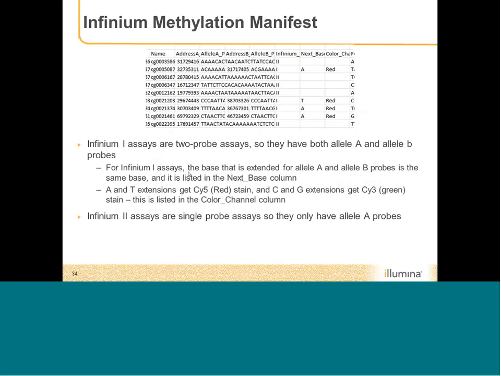For an Infinium 1 assay, the base that gets extended is the base that is after the CpG, so actually the same base gets added to both probes, and we list that same base in the next base column. A's and T's get extended and labeled with red dye, and C's and G's get extended and labeled with green dye, and you can see in the color channel column which dye gets added.